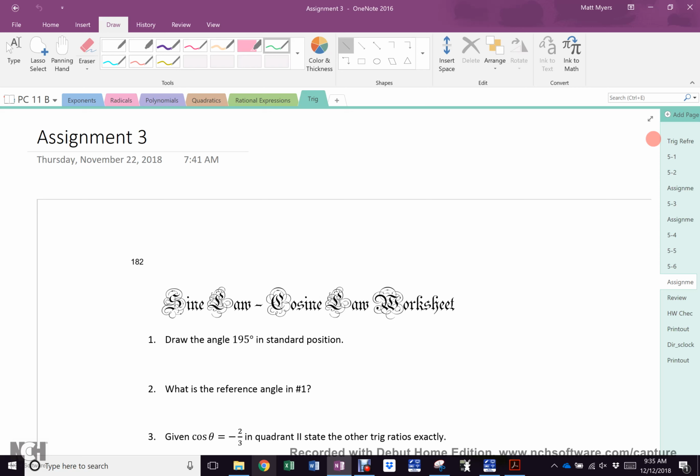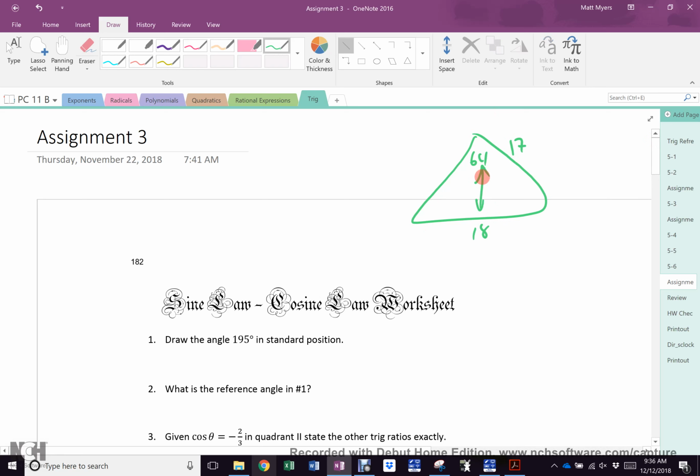You have the cos law, you have the sine law. When do you use sine law? As long as you have a pair of side and angle, you can do sine law. What do I mean by pair? Do I mean this? Do I mean that? Is that a pair? No. Is that a pair? Do I have a pair there?